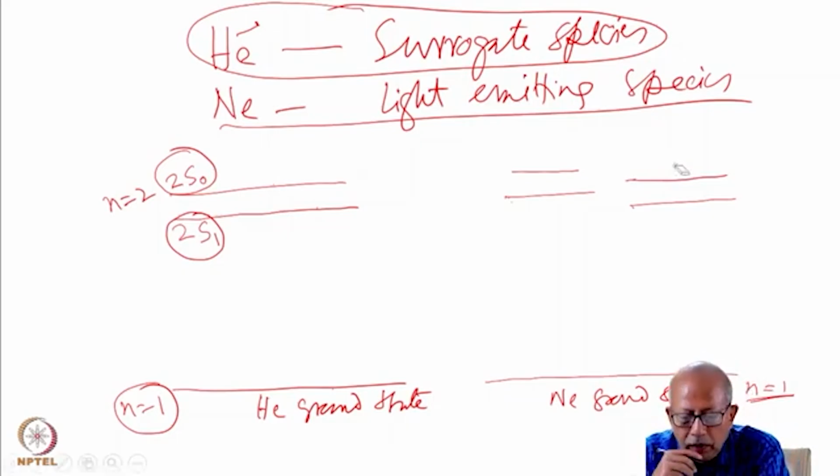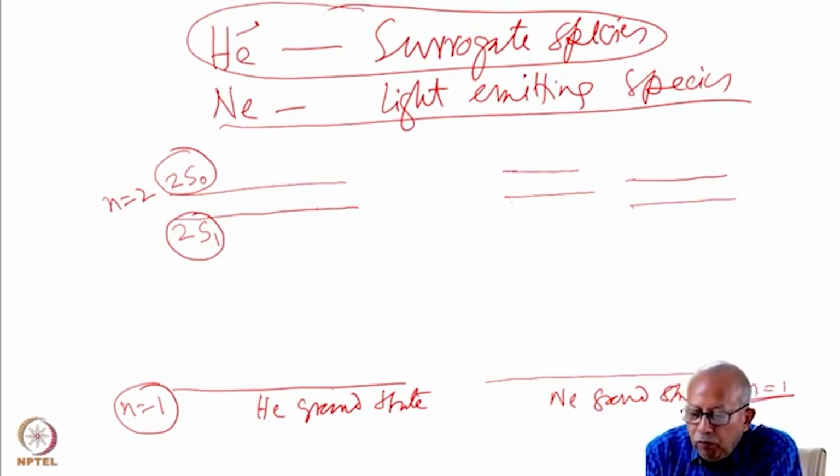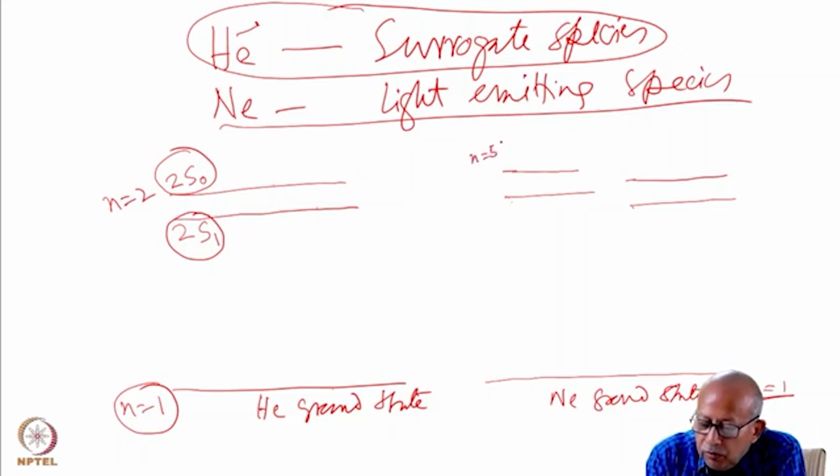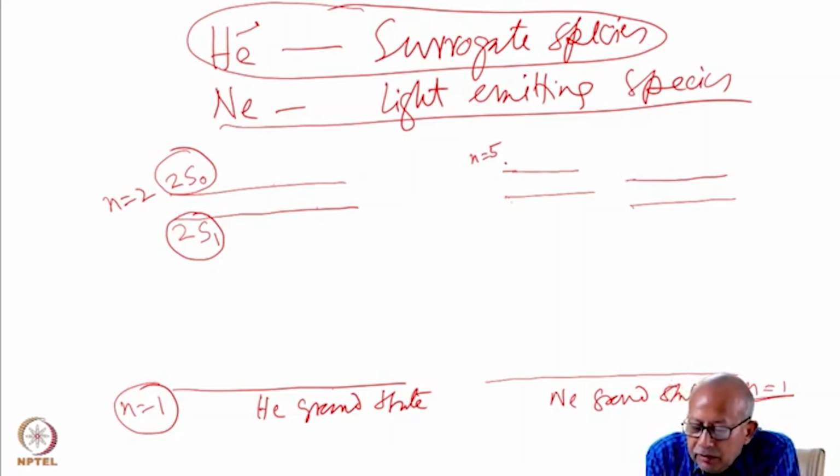The upper laser level, this one, is the fourth excited electronic state of neon, which is therefore the fifth orbit, n equal to 5.